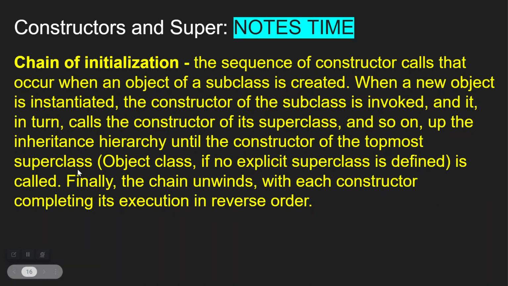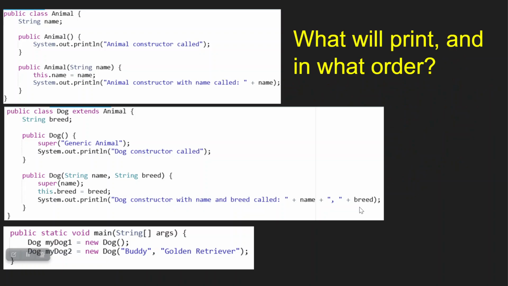When that finally gets called, that's when the constructor calls stop. Then the chain unwinds with each constructor completing its execution in reverse order. Now this will make a little bit more sense when we look at an actual example.